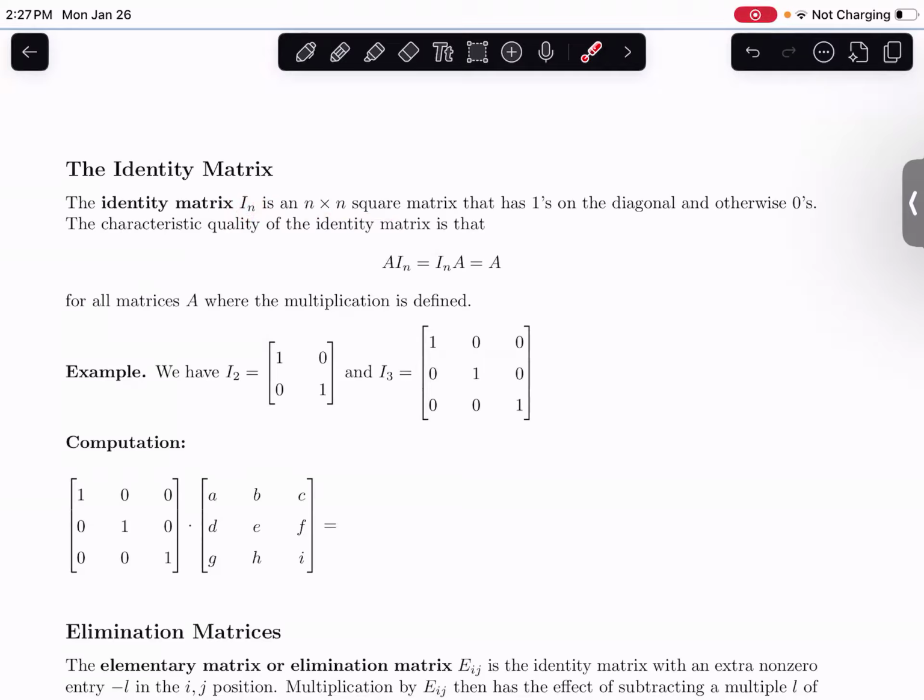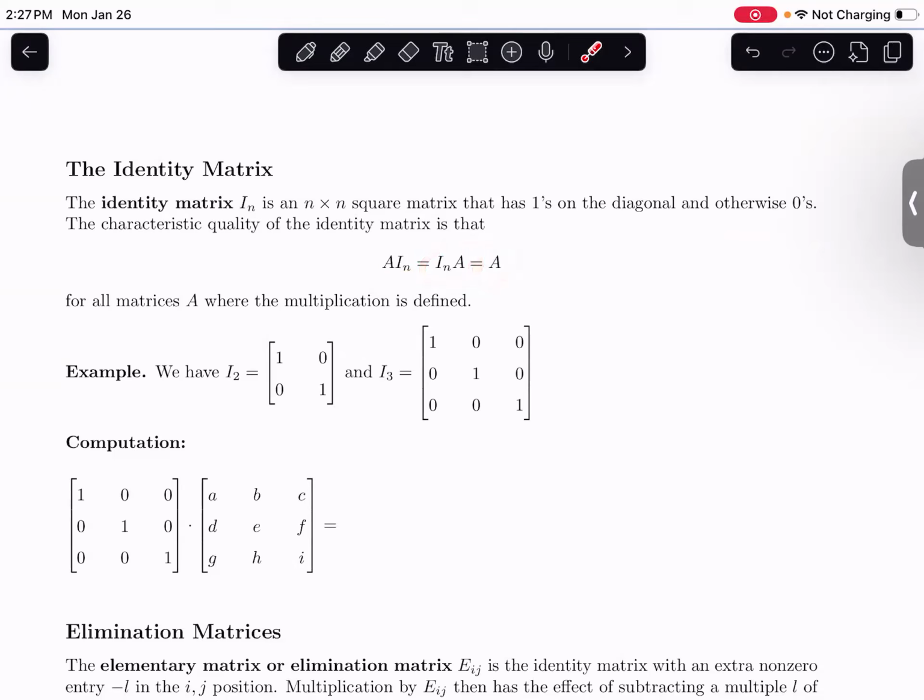You define it to be zero everywhere except along the diagonal, where it has ones. So you have ones on the diagonal and zeros everywhere else. The important aspect is that if you do A times the identity, you get A back, or if you do the identity times A, you get A back.